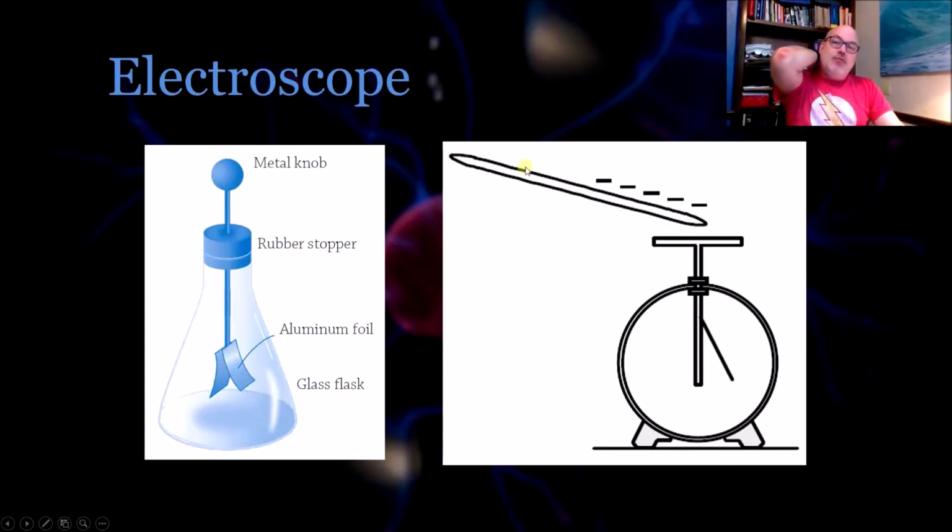We bring a charged rod near to it, and this charged rod here, if it just comes close, it will push positives up and negatives down. And so it'll polarize, and this little leaf will swing out because it's polarized. If I take this away, it's temporary, it'll go back to normal. If I want to make it permanent, I can touch this, and negatives will flow from the rod to the electroscope, causing the leaf to move out and stay.